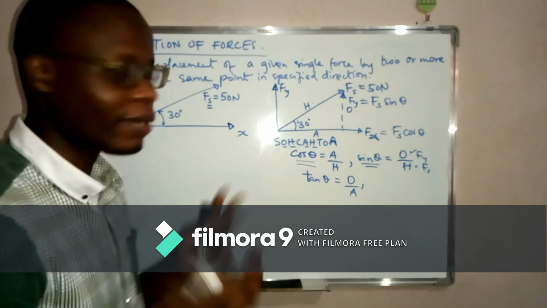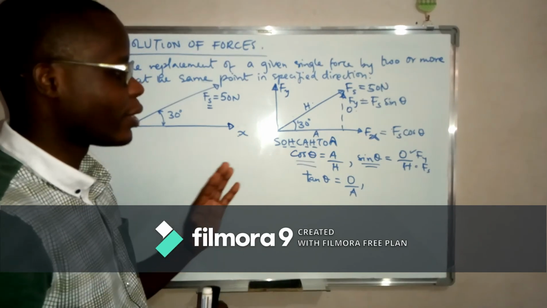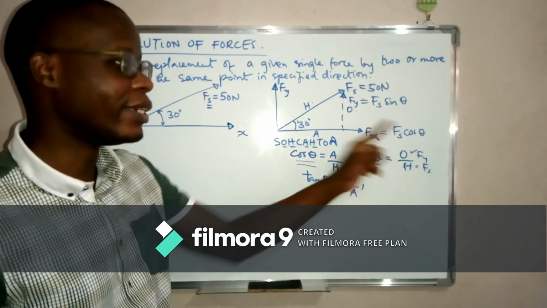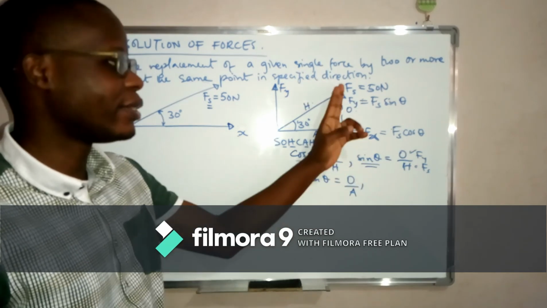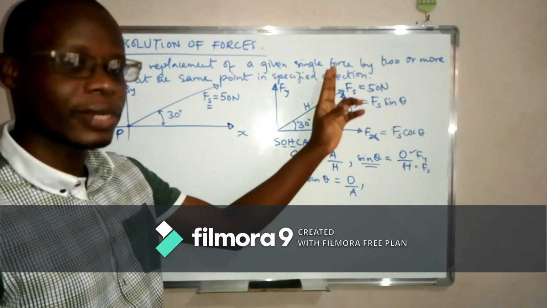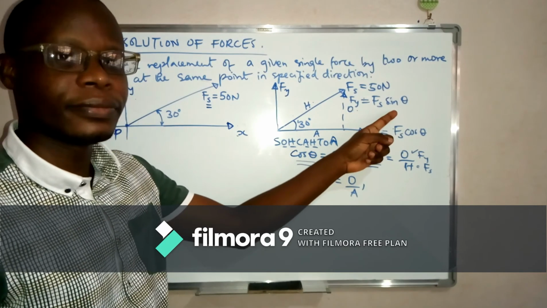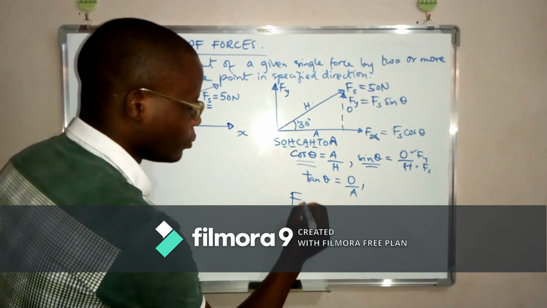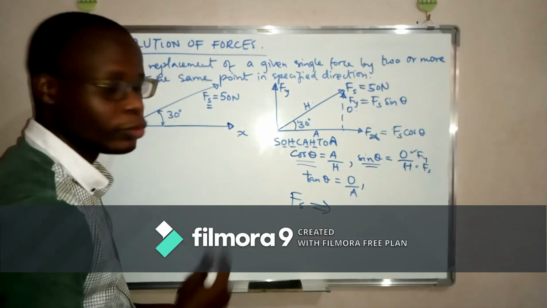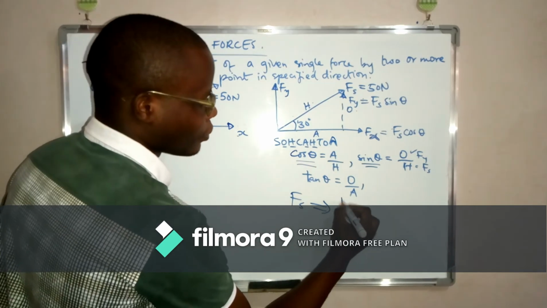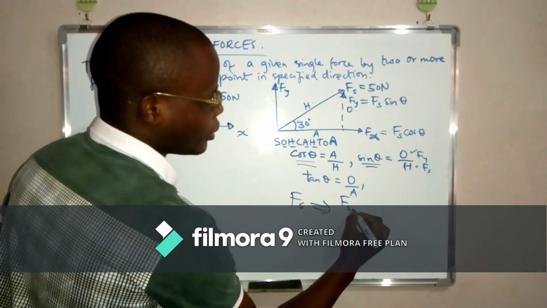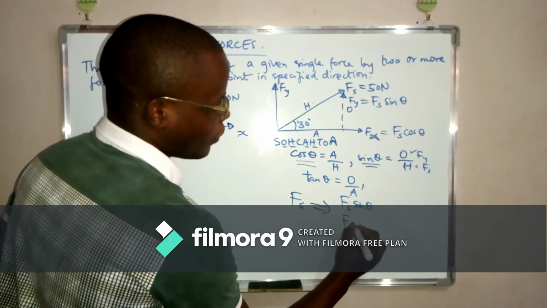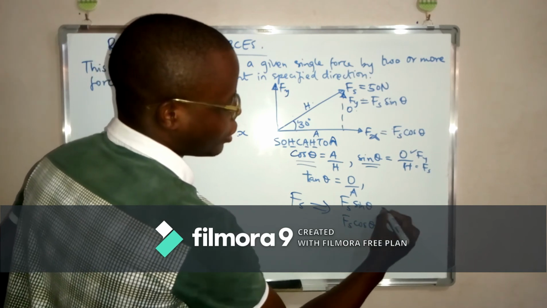Just to summarize, when you are calculating the horizontal component, always consider cosine, and when you are getting the vertical component, use sine theta. So Fs is now resolved into two forces, that is Fs sine theta and Fs cos theta.